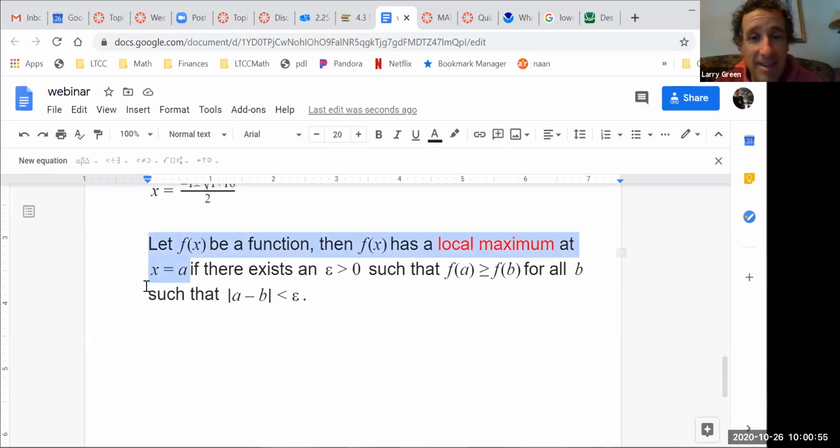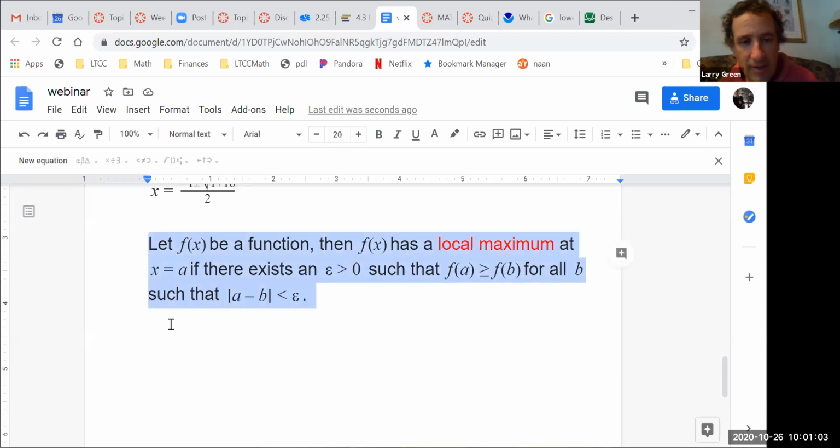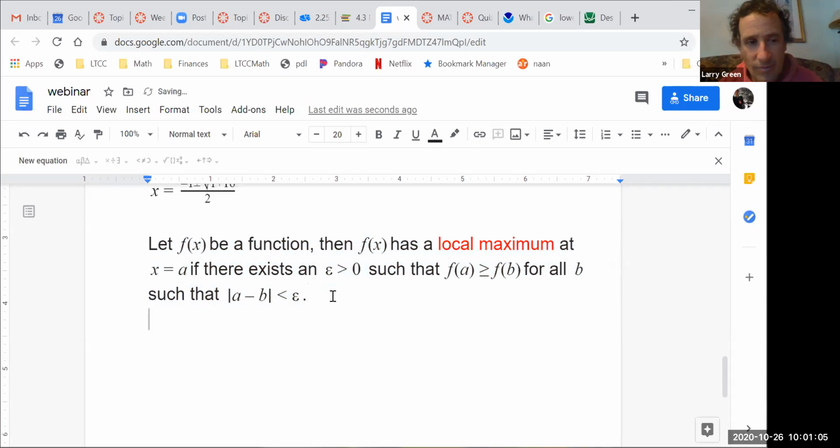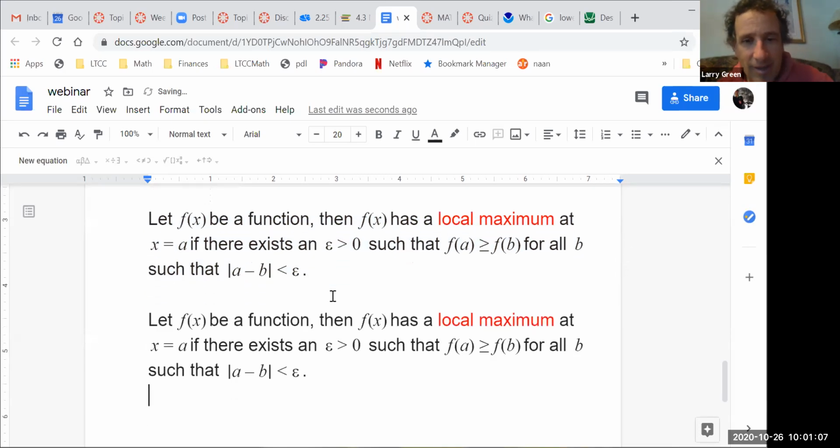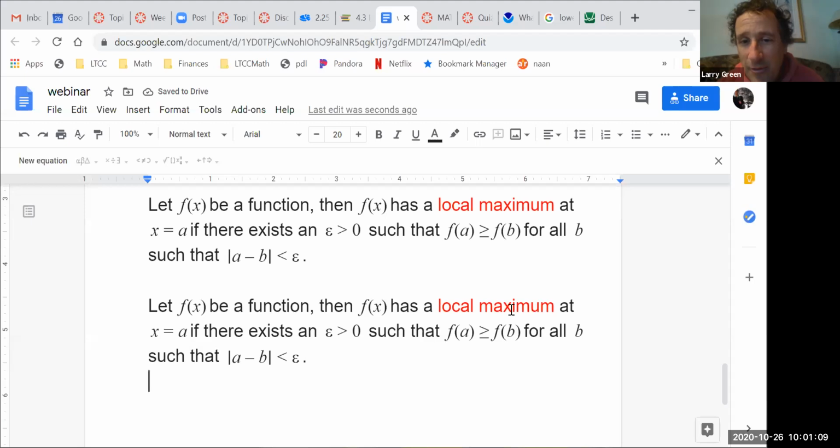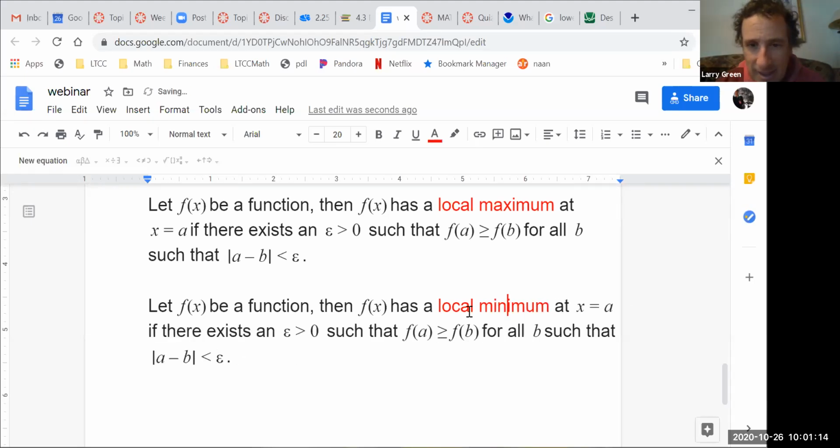And then the nice thing is I could do local minimum with a copy and paste. It's exactly the same, except maximum becomes minimum, and the greater than becomes a less than.